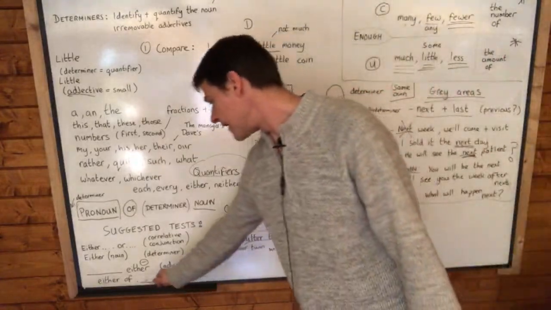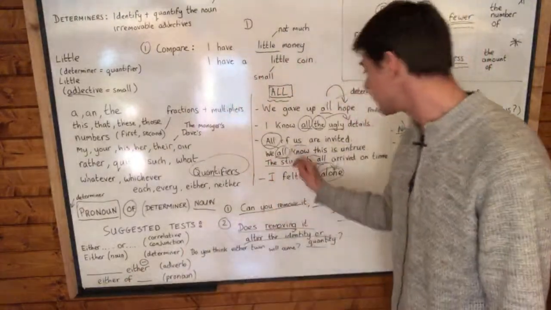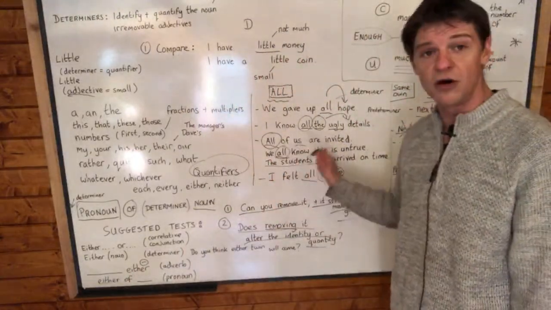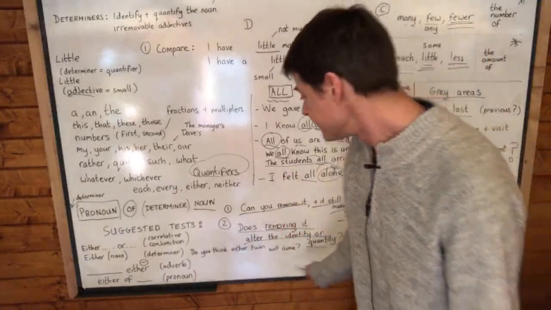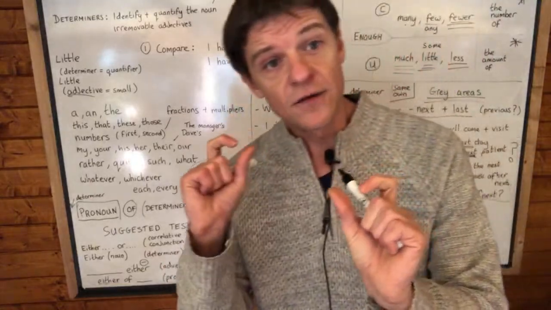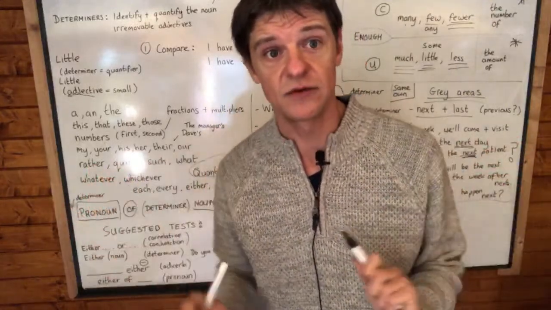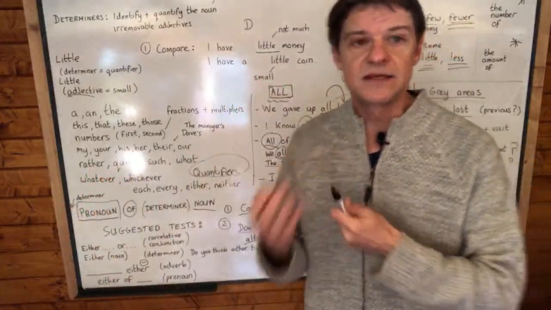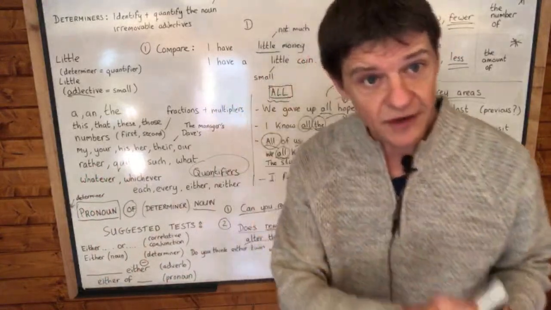But of course, either can be a pronoun when you say either of them, just like all of them, all of us. Either is then a pronoun when it's before the of. And lastly, if you put either on the end of a sentence, a negative sentence, it only works with negative sentences, to mean additionally, then it's an adverb, just like additionally.